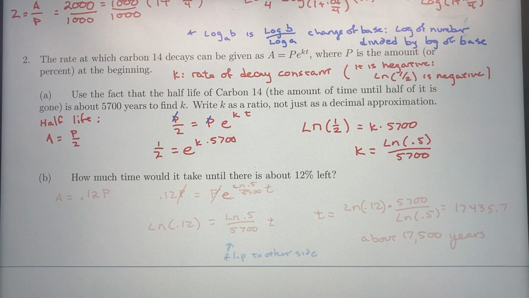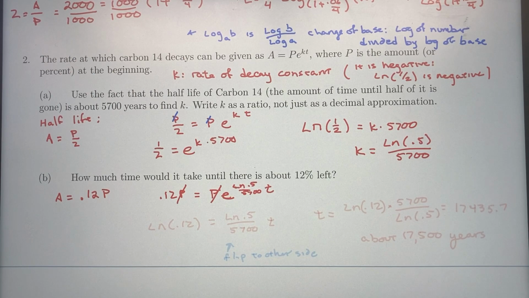So to use that, for instance, 12% left means that the amount that I currently have is 12% of the original instead of half. Try and make your e look a little large or your exponent look a little small.